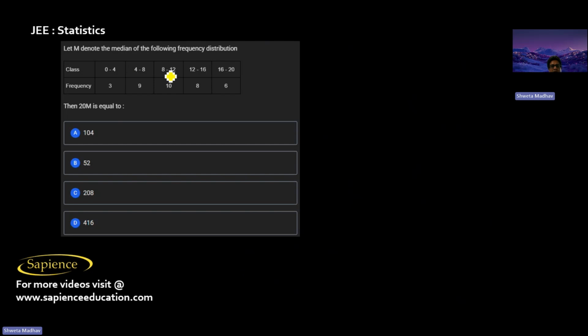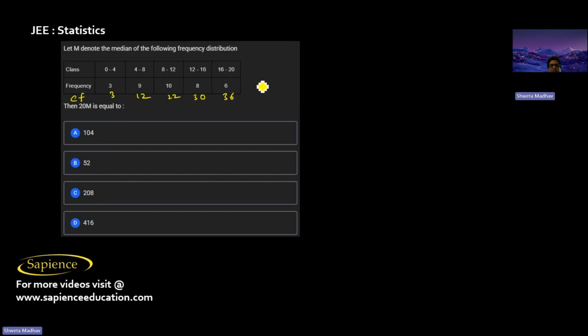So we have to find the median. Now here we need to find the cumulative frequency. Cumulative frequency will be 3, then 12, 12 plus 10, that is 22, 22 plus 8 is 30, then this is 36. So there are 36 observations.